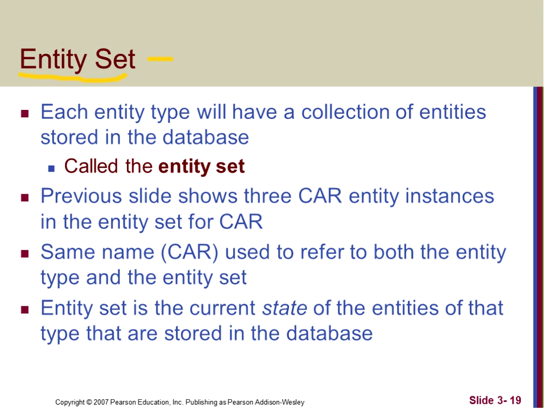And an entity set is nothing but an entity type plus a group of entities. So that is called the entity type. Okay, so entity type is kind of a schema.